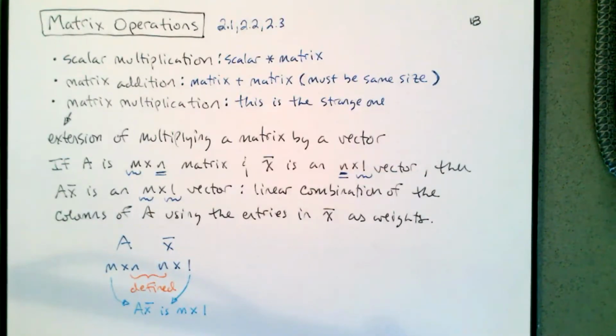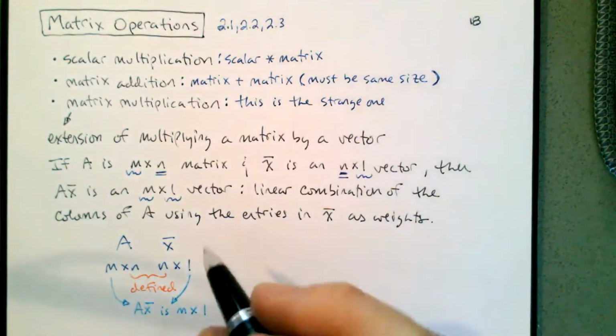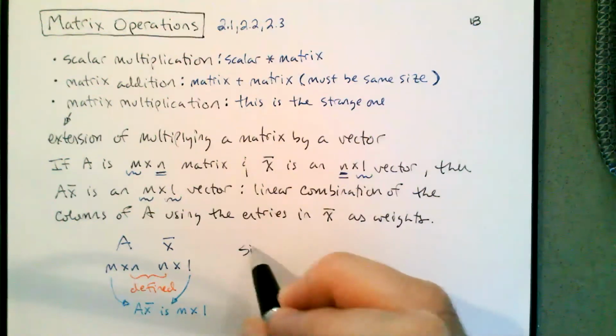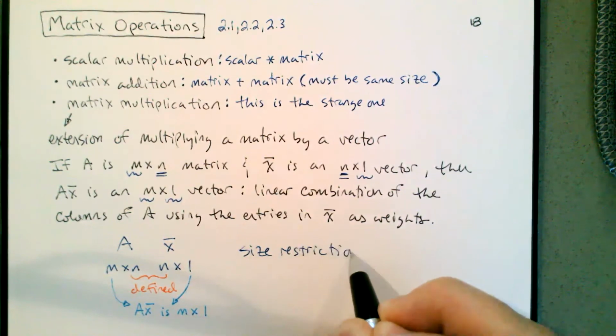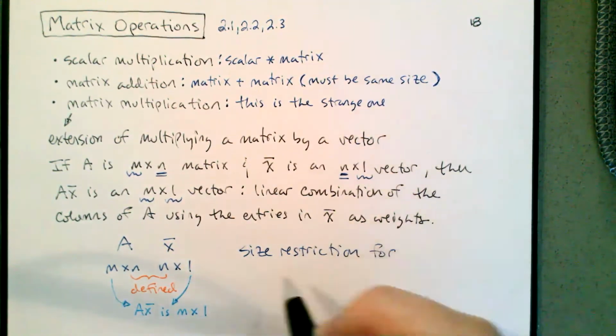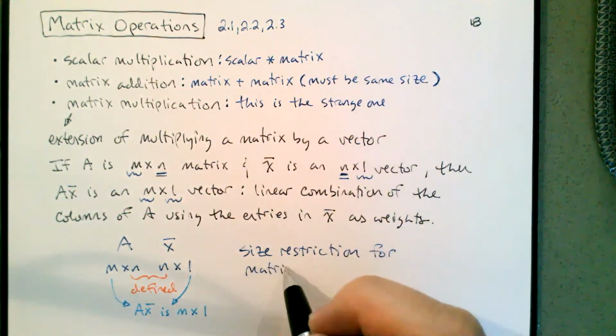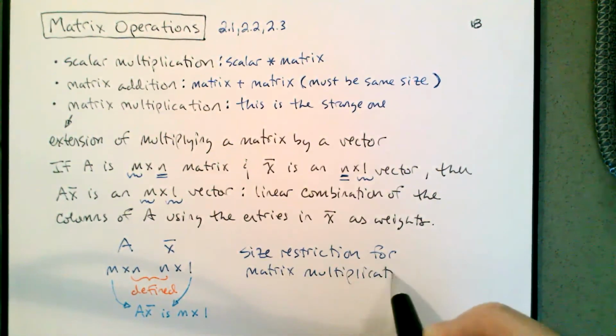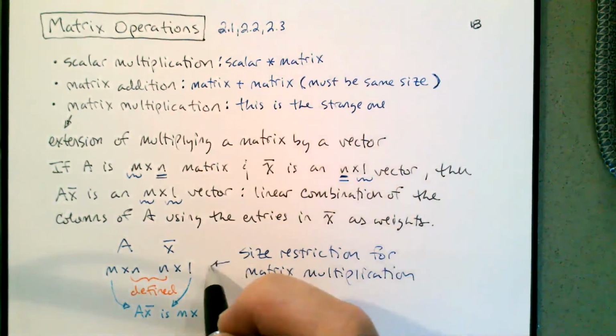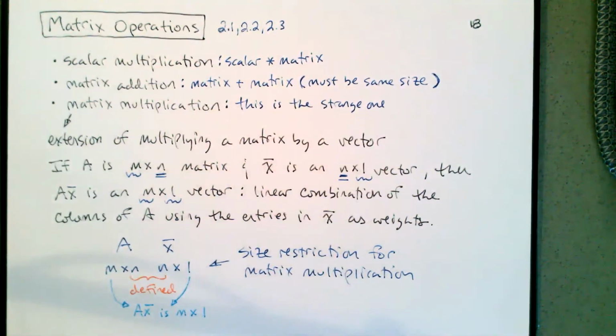So let's expand this to where we multiply a matrix by another matrix. Our size restriction is still in play. So let's make a note, we have a size restriction. Those two inner dimensions have to match.